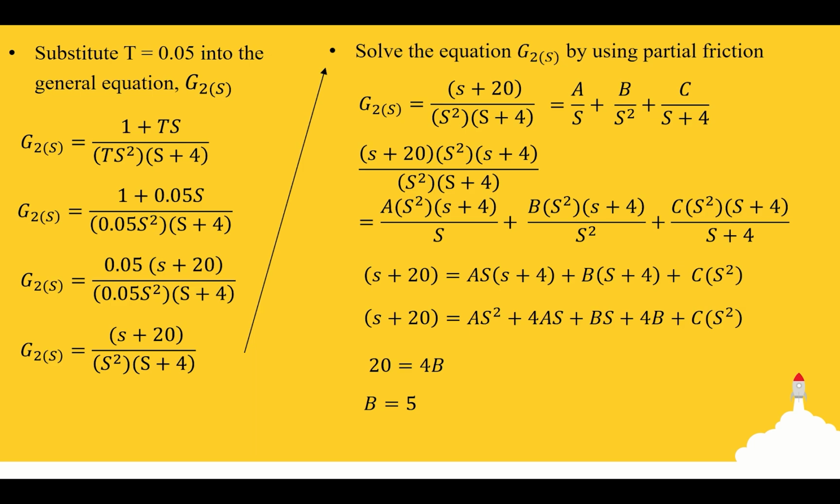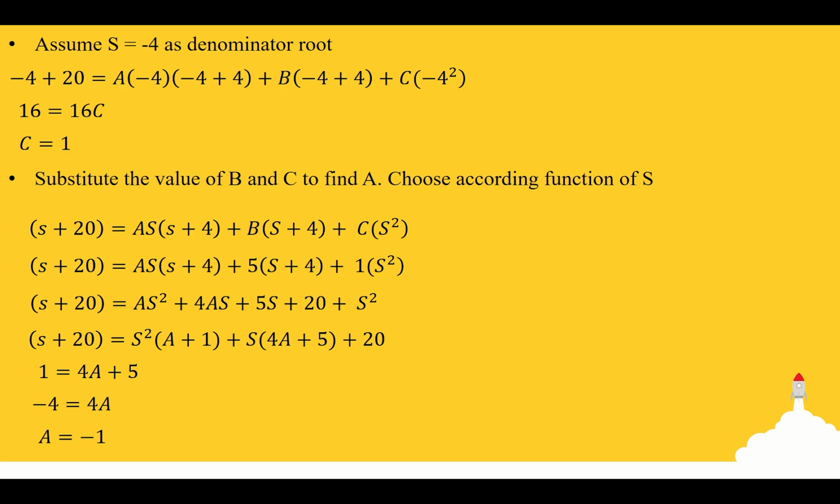We can cut the denominator because it's the same, and we only take the terms that have the same power, which is 20. Because 20 equals 4B, since there is no S, we will get B equals 5.